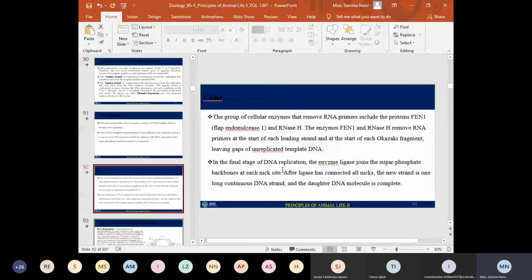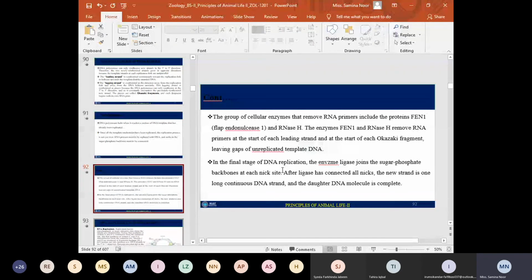So RNase and the endonucleases are the enzymes involved in the removal of the RNA primers from the DNA molecule during the termination phase. These enzymes remove the RNA primer at the start of each leading strand and also at the start of each Okazaki fragment. So the primers are removed by endonucleases and RNase.